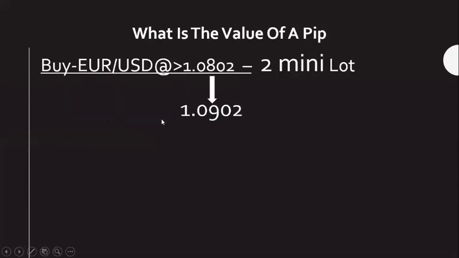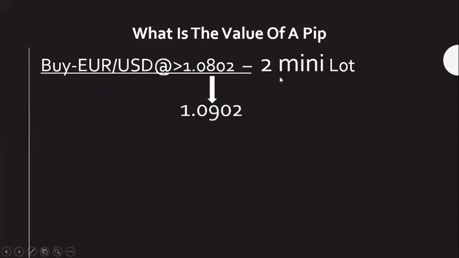So let me move forward. I'm going to be explaining it using mini lot size. So we're going to be using 2 mini lot size to actually trade the same pair, EURUSD. So we went on the same trade and we made 100 pips movement.